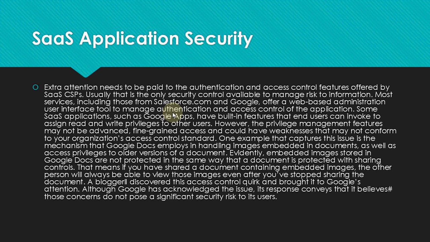Second thing is that in SaaS applications there is an example where Google has some built-in features that end users can invoke to assign read and write privileges to other users.